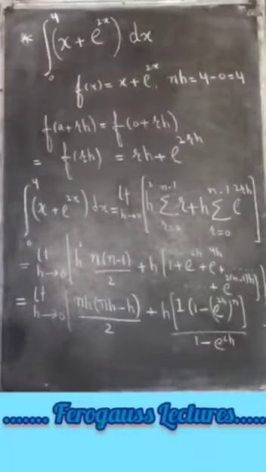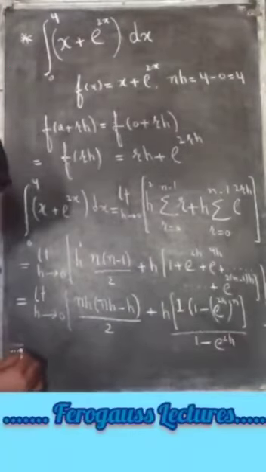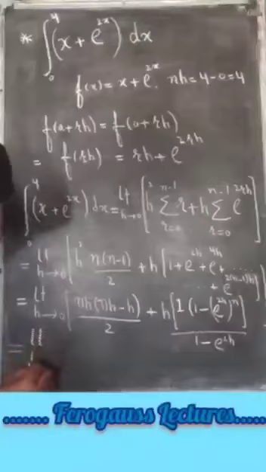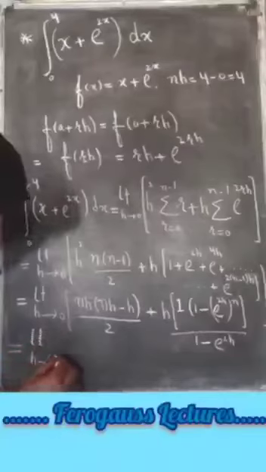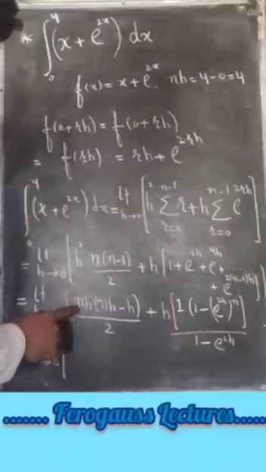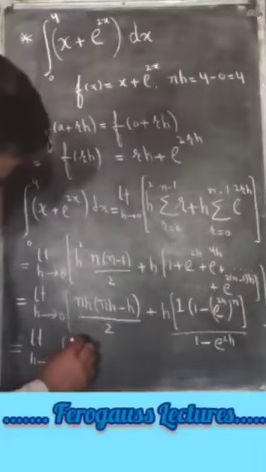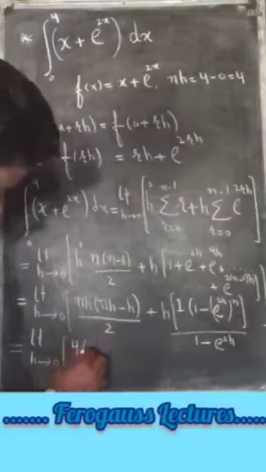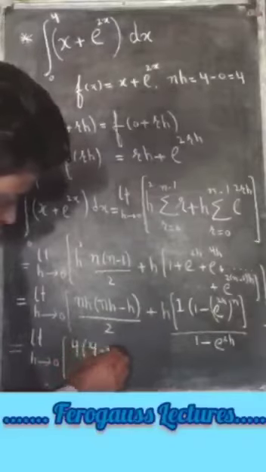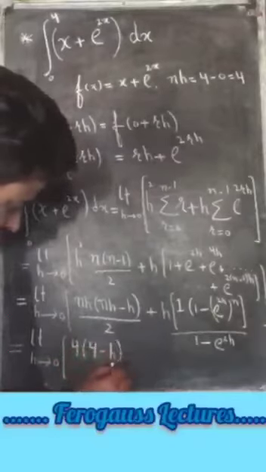So this is further equal to the limit as h tends to 0. Now we have nh, and instead of nh we can write 4. So we can write (4 minus h) divided by 2.